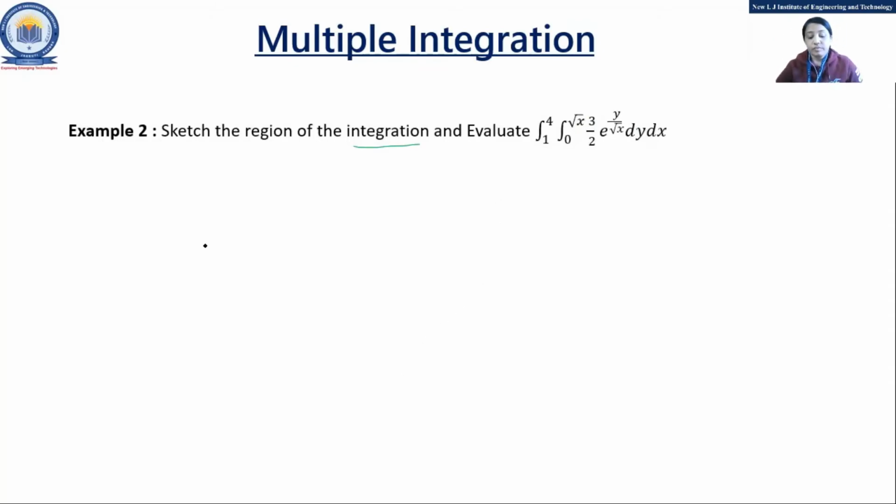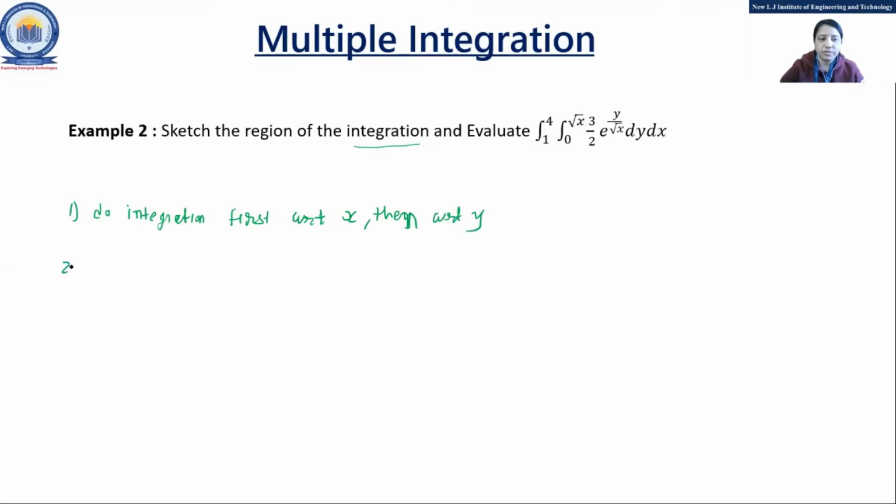Since this is the inner limit, we'll do the integration first with respect to y, and then with respect to x.